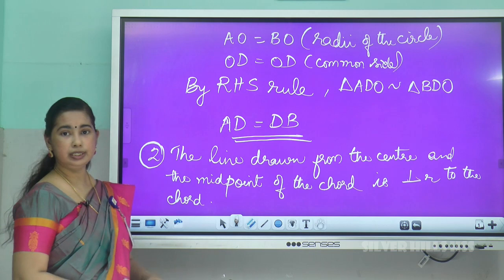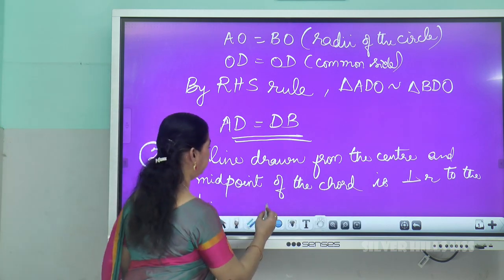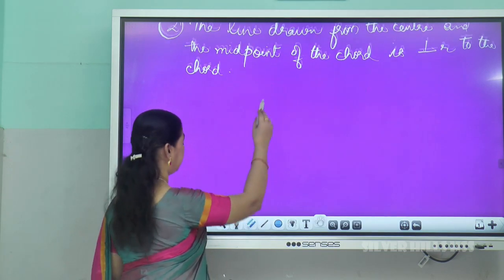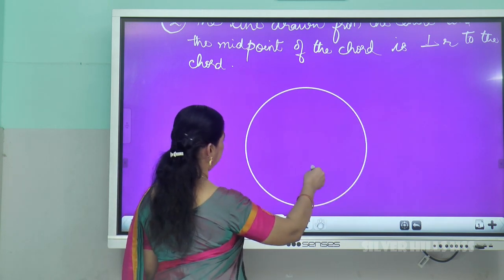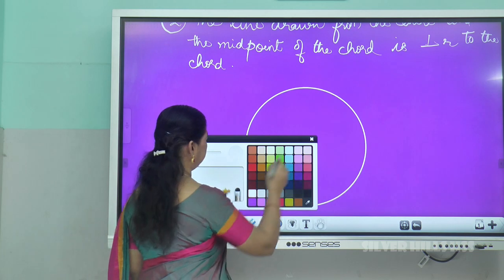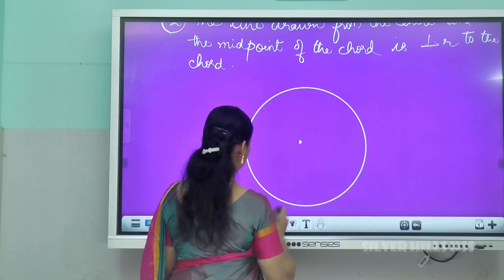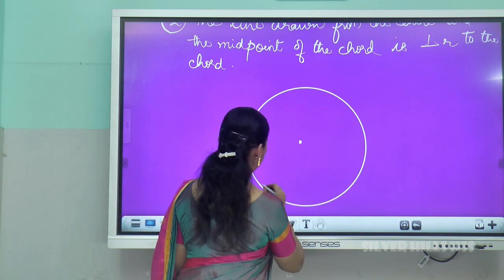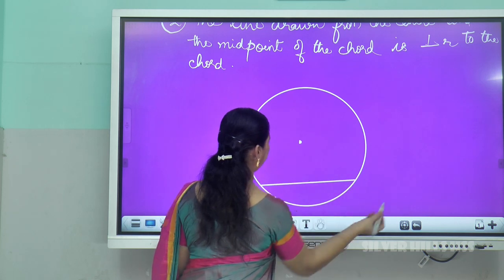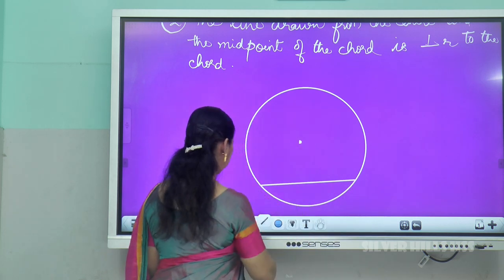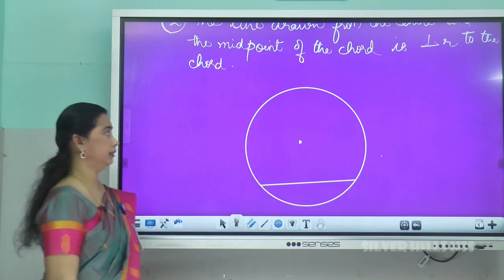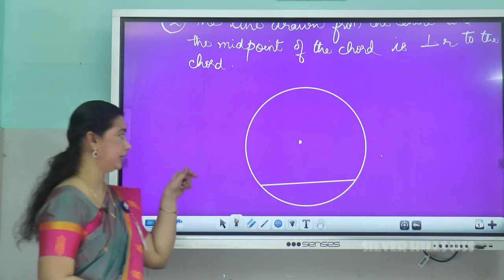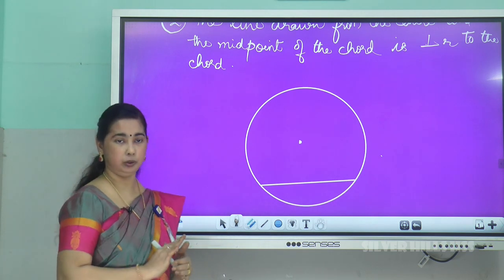So how to prove this result? In order to prove this result, again we have to draw the circle. Draw the circle. Then this is the center of the circle, and draw the chord. We have to show that the line drawn from the center to the chord is perpendicular.